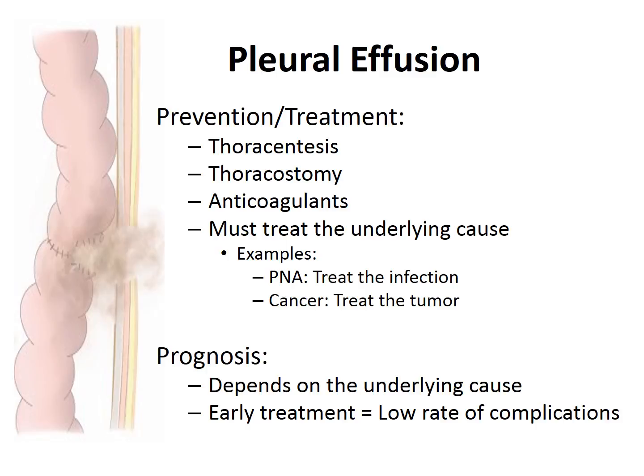For example, if the underlying cause is pneumonia, which is bacterial, then an antibiotic may be prescribed. Similarly, if cancer is the underlying cause, such as lung cancer, the tumor must be treated.